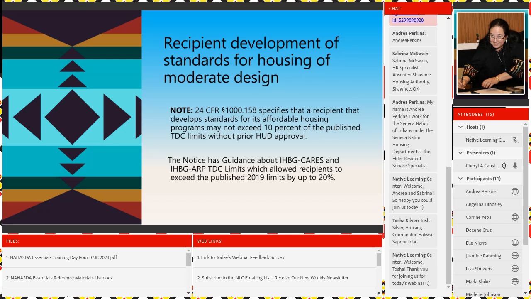The price of lumber, the price of everything. So it allowed recipients to exceed the published 2019 limits by up to 20% at that time. So it's got guidance in there. Should you have done that, and if you didn't do any building during that time, you probably exceeded that. So I would go back, grab that guidance, and keep it within that file. Okay.